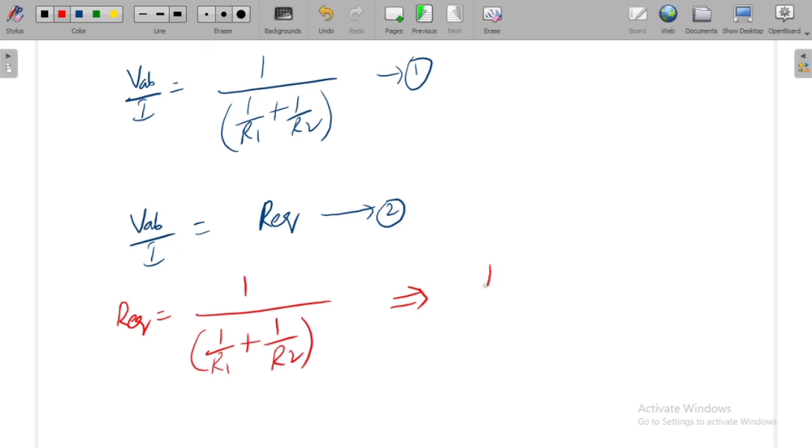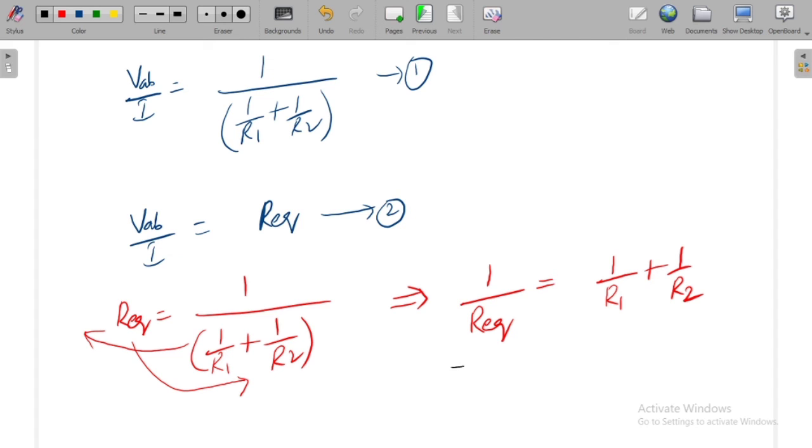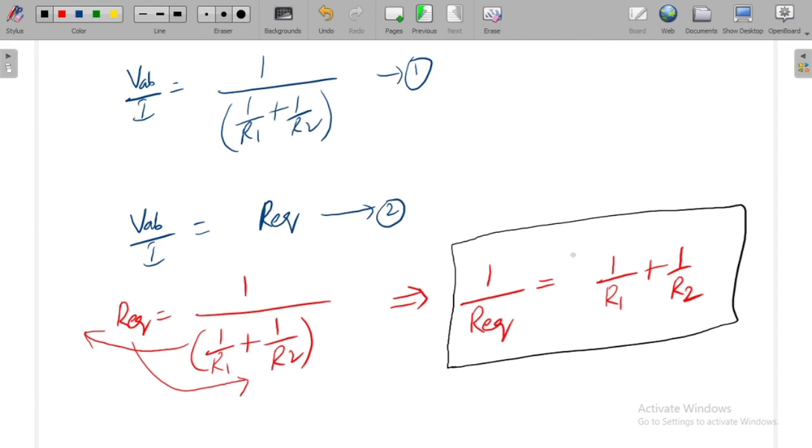I can convert this equation for simple understanding: sending R equivalent to the denominator of the RHS side, and the term which is in the denominator to the numerator on the LHS side, you will get 1 by R equivalent is equal to 1 by R1 plus 1 by R2. So this is the relation between the equivalent resistance and the resistors that are connected in parallel.